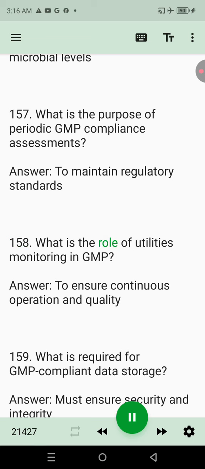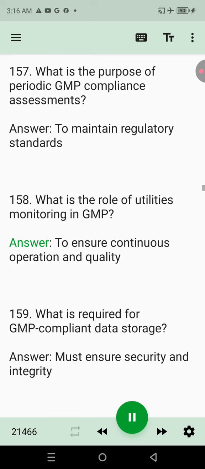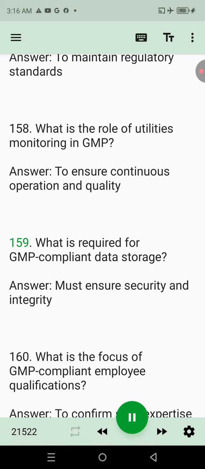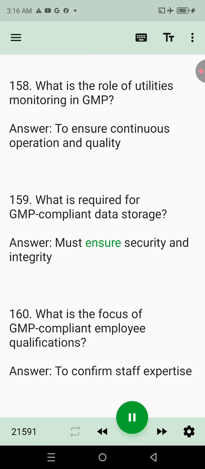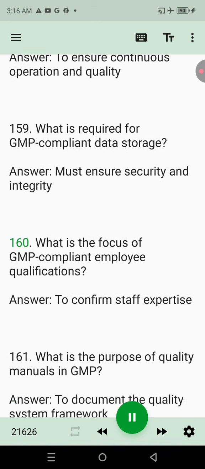158. What is the role of utilities monitoring in GMP? Answer: to ensure continuous operation and quality. 159. What is required for GMP compliant data storage? Answer: must ensure security and integrity. 160.